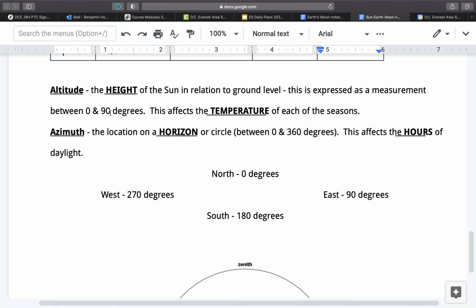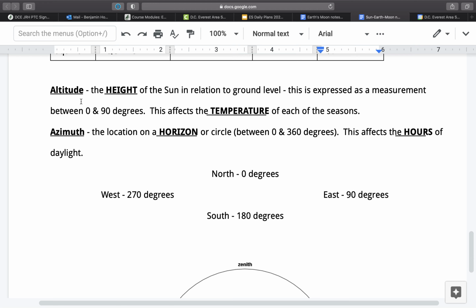And to measure that, we don't use feet or miles or anything like that. We use degrees. So if you think of 0 degrees as being ground level, 90 degrees would be straight over your head. Those are kind of the extremes, because if you go past 90 degrees, then you're actually getting closer to the horizon line again.